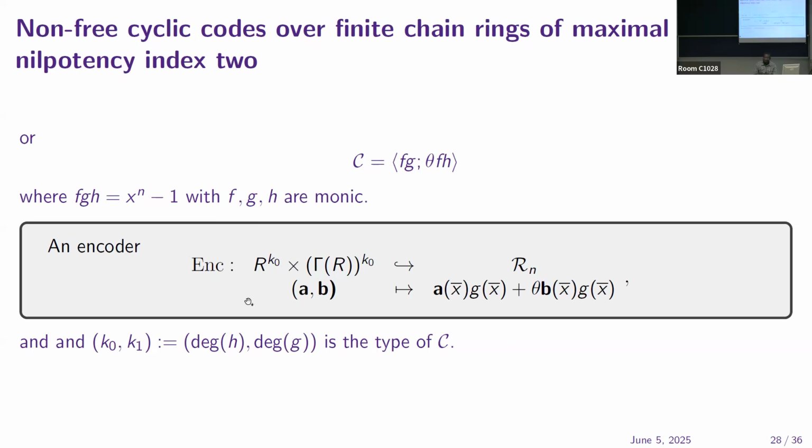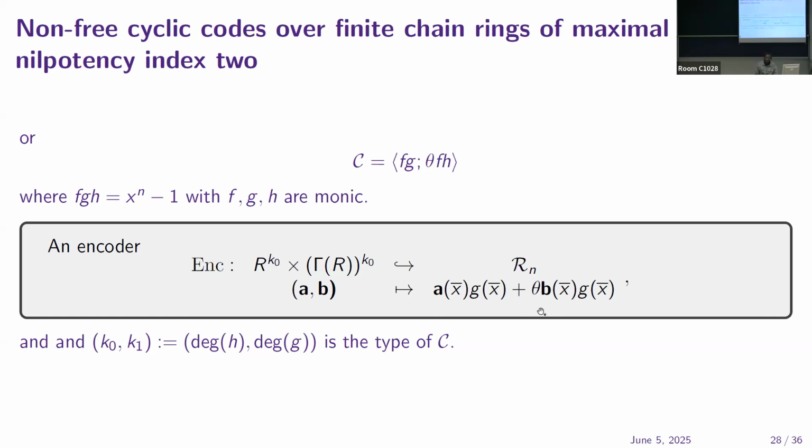You have the set of messages in this product of sets. A belongs to R^k0, and B belongs to the Teichmüller set power k1.